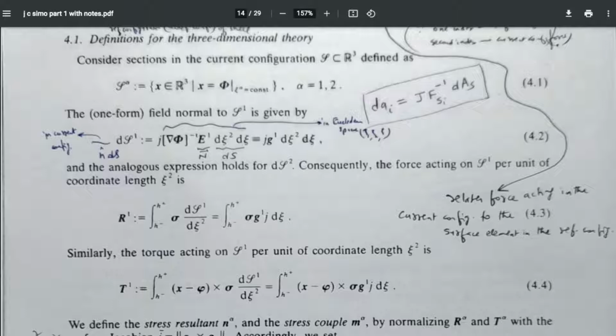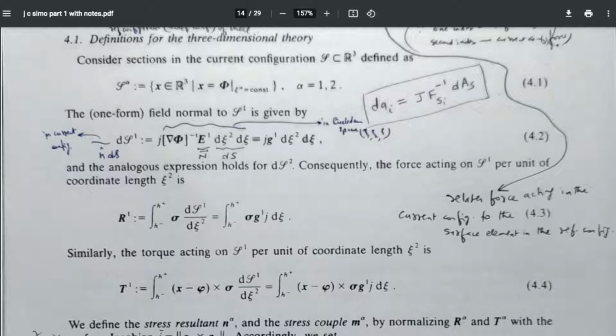So this is nothing but J grad phi inverse transpose times dA. So this is d small a. Now this is the area vector in the current configuration, and now it is expressed in terms of G superscript 1, which is nothing but the contravariant basis vector, which we can write in terms of the phi map which we have.